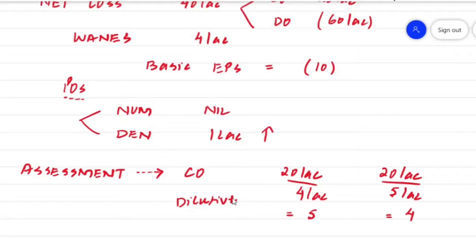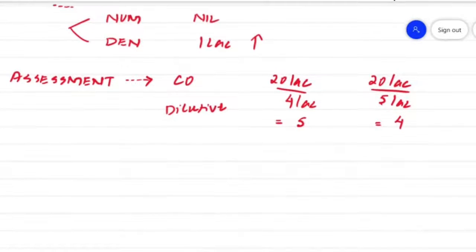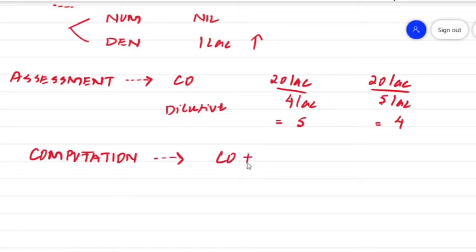Now, once you say that yes, they are dilutive in nature, it is time to calculate the diluted earning per share. When you're going to make a computation of diluted earning per share, remember the computation is going to be based on the total operations. That means I'll consider both the CO as well as the DO. Ideally speaking, of course, I would be making calculations on the diluted EPS based on CO separately, DO separately, and a total, but I'm just calculating a diluted EPS based on total operations.